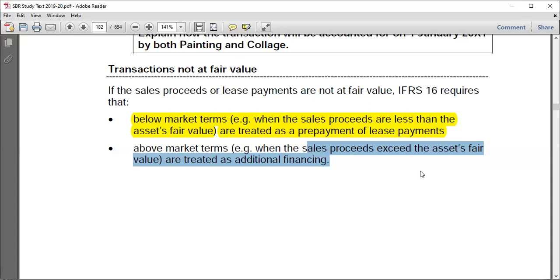So it's like they have financed you, they have given you much more than what you should have received. So you can just call it an additional financing. So it depends on which side you're speaking of. If you're looking at what the lessor has done to you, and you as the lessee, you try and make a judgment.